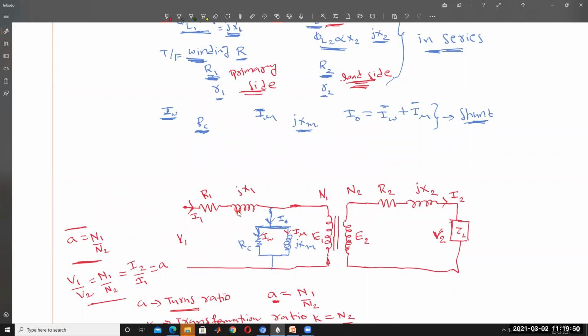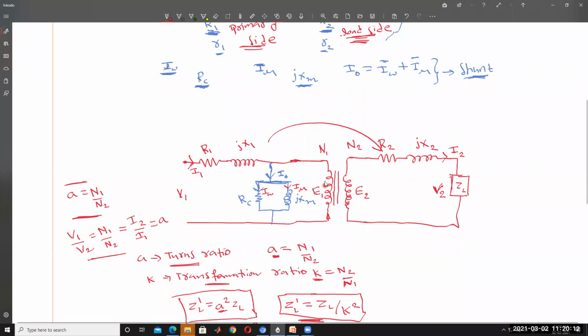So when referred to the secondary side, the primary branch parameters are converted into the secondary side. That will become R1 by A square and X1 by A square, and RC by A square and XM by A square. Based on the relations, you will get like this.